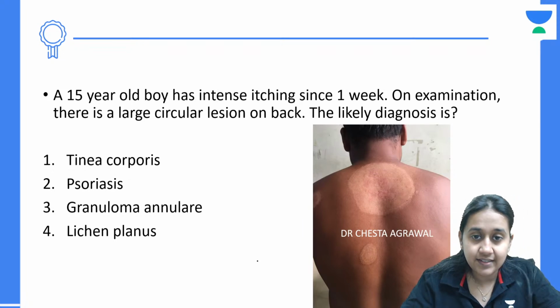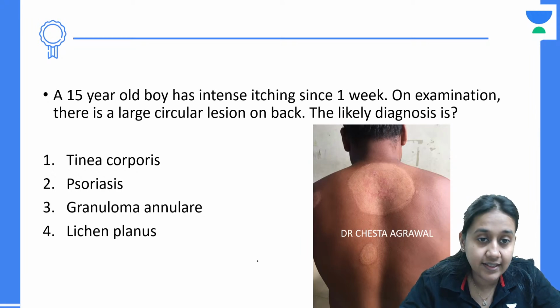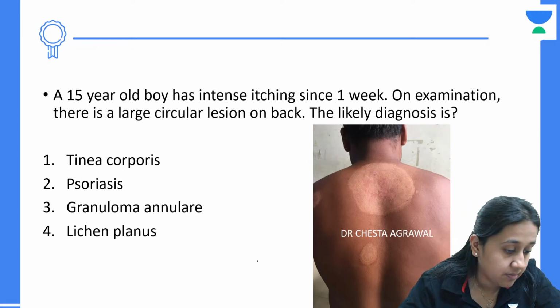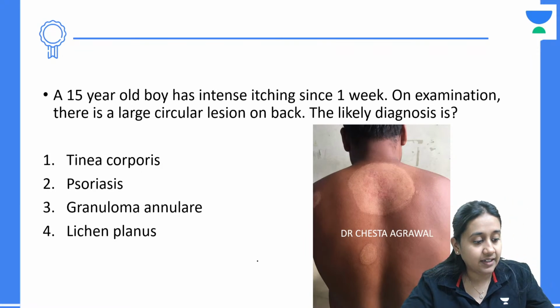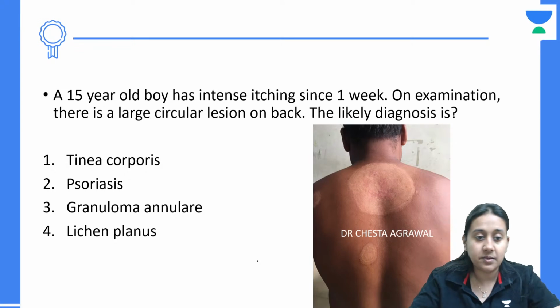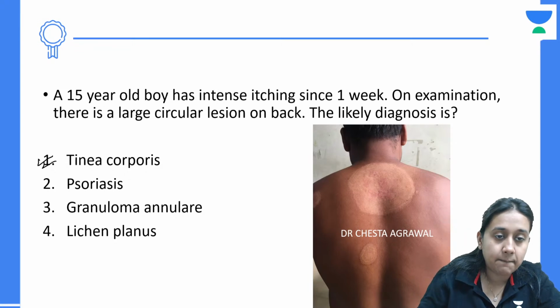A 15-year-old boy has intense itching since 1 week. On examination, there are large circular lesions on the back. What is the likely diagnosis? This is a patient of tinea corporis.